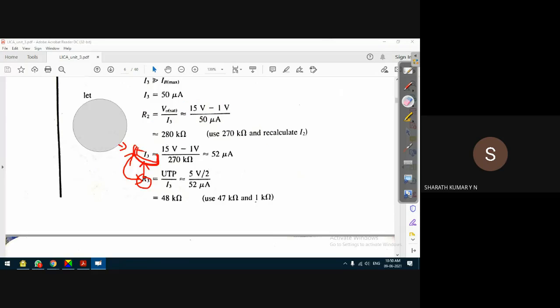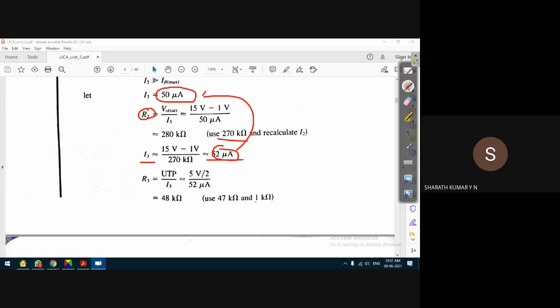Otherwise, the design will be wrong. It doesn't give a proper square output, proper rectangular output. So with 270 kilo ohms R2, recalculating I3 gives 52 microamperes. Initially we assumed 50 microamperes, recalculation gives 52. Not much of a difference, but for a resistance it matters.